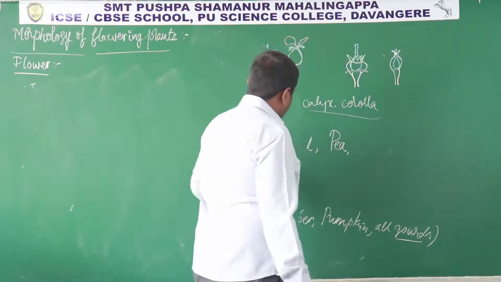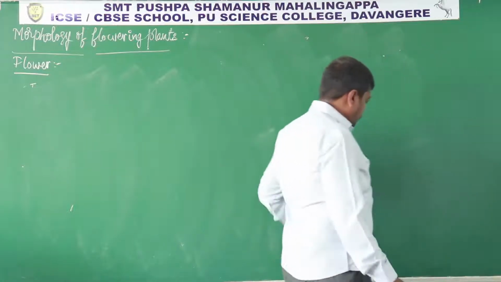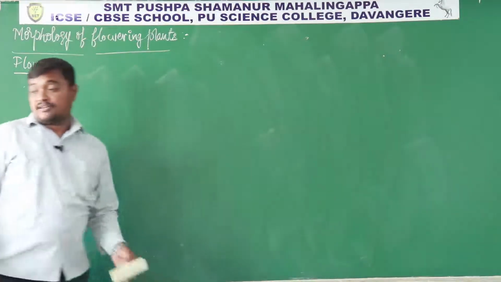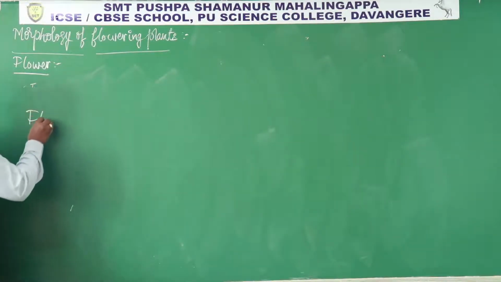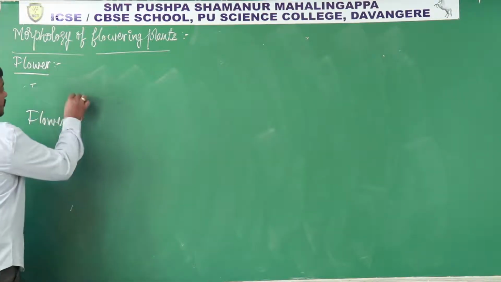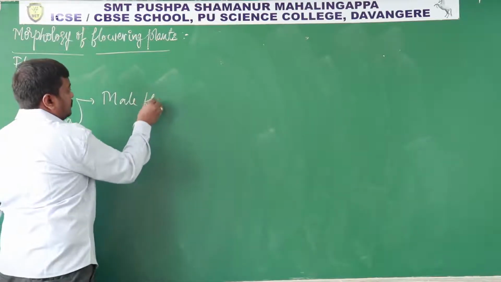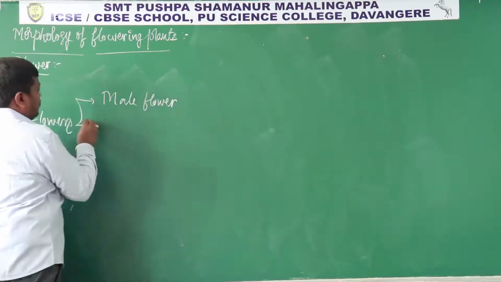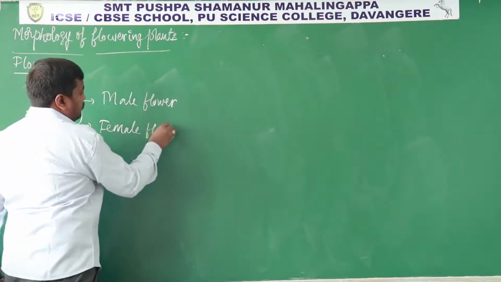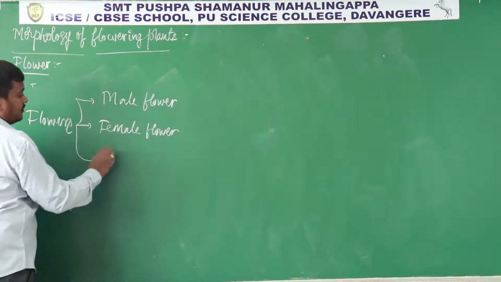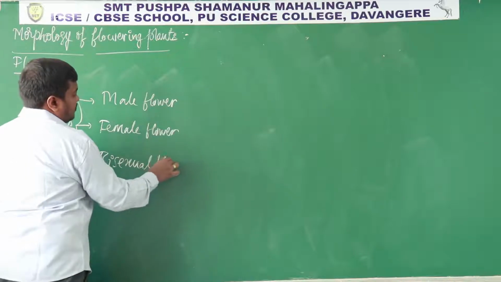Then depending on whether the flower has both androecium and gynoecium, or stamen and pistil, flowers are of two types. Flowers are like male flower, female flower, then bisexual flowers.